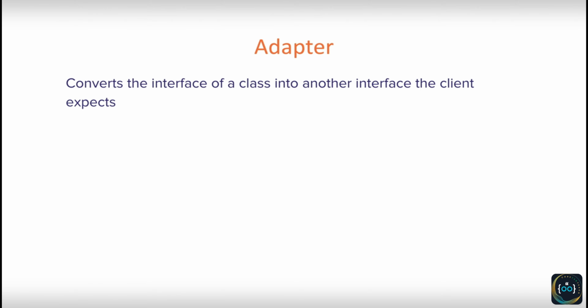What this means is that we might use a third-party library in our code, or we might have some part of our code that is used in multiple places. So that means we cannot actually modify that particular class or that particular interface.